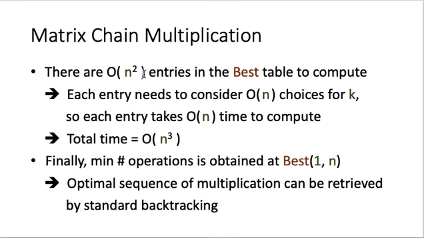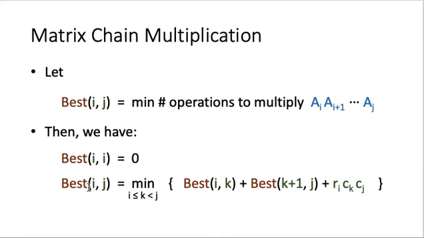In particular, there are order n squared best entries that we need to handle, because i can range from 1 to n, and j can range from 1 to n. So we get best of 1,1, 1,2, 1,3, and so on, up to best of n,n. So we have order n squared entries of best to compute. To compute a particular value of best ij, the maximum time will be in this general case, because we need to consider different variations.